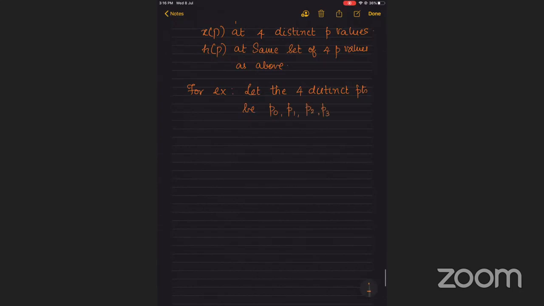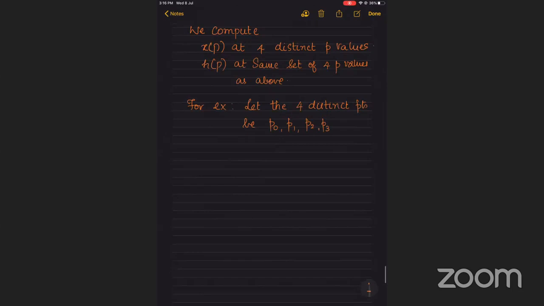Okay. So now I'm going to compute x of p naught, h of p naught, and y of p naught, which is nothing but x of p naught times h of p naught. Is that right? I can do this.